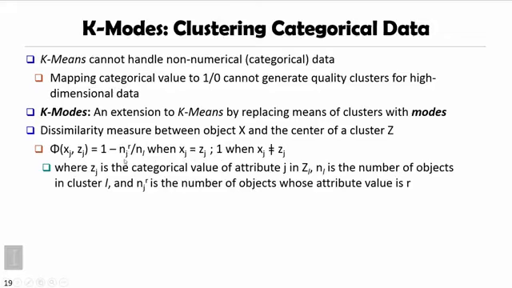This formula actually means if there are many objects that occur the same in this cluster, then this value will be very small. For example, if for the attribute in the cluster there's only one value, but it's very frequent, and this object equals this value, then this division will lead to 1, and the distance is the smallest.